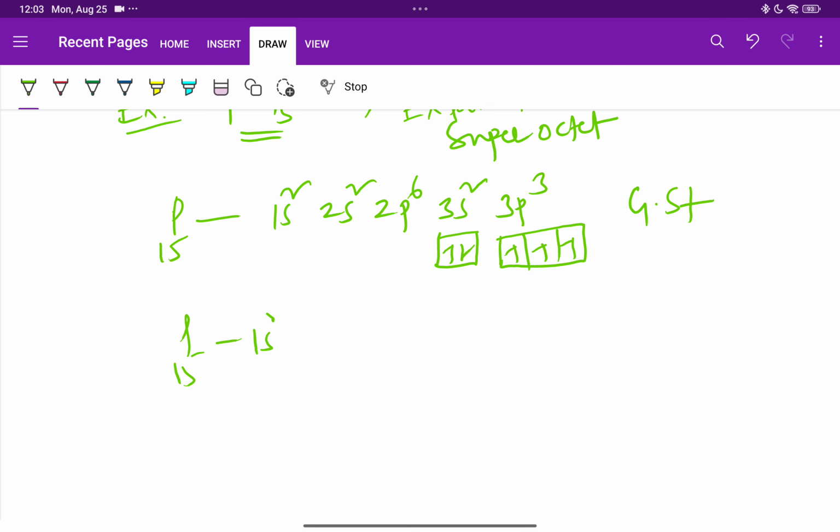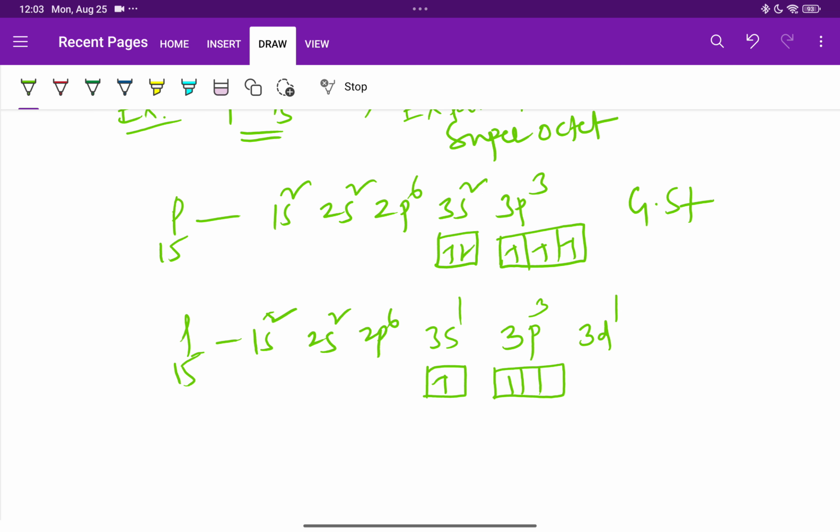Phosphorus: 1s2, 2s2, 2p6, 3s1, 3p3, 3d1. So 1 electron in the s, 3 electrons in the p, and 1 electron in the d.